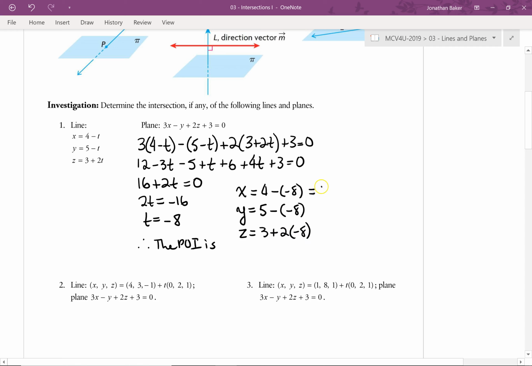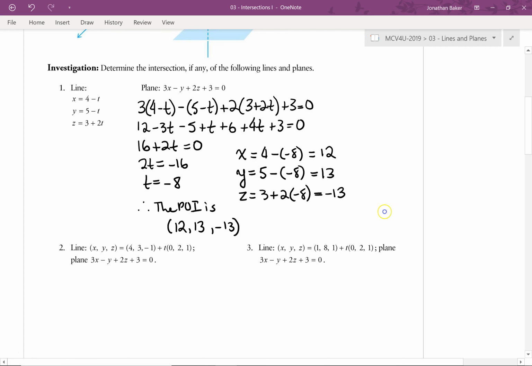And so here we get 12, 13, and negative 13. And so the point of intersection is 12, comma 13, comma negative 13.